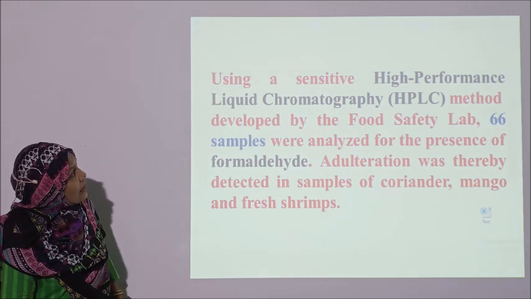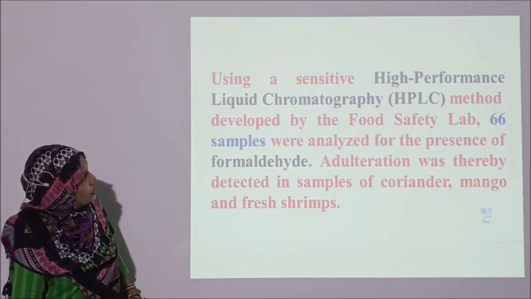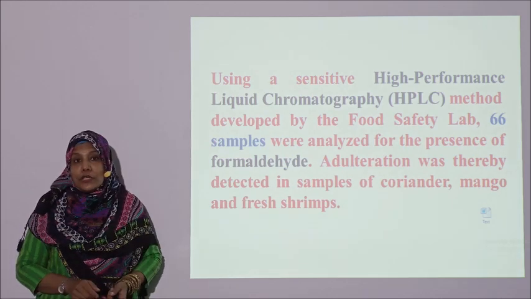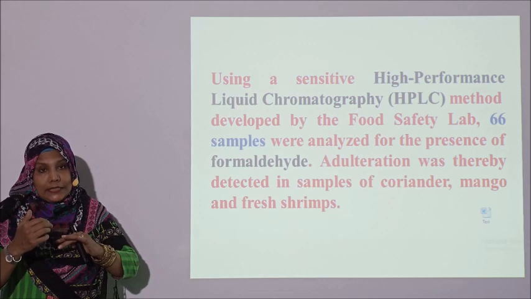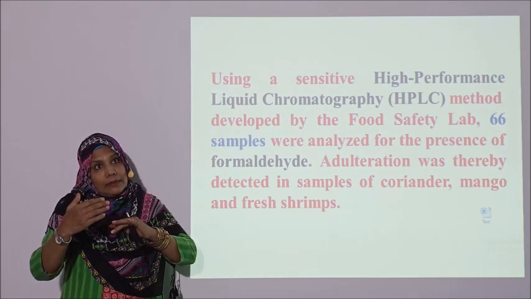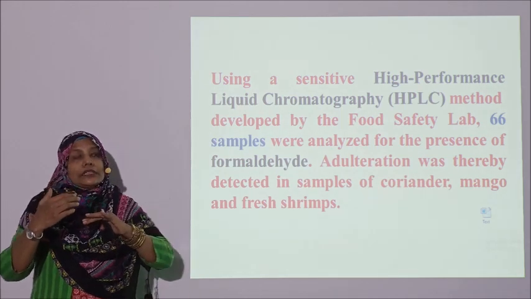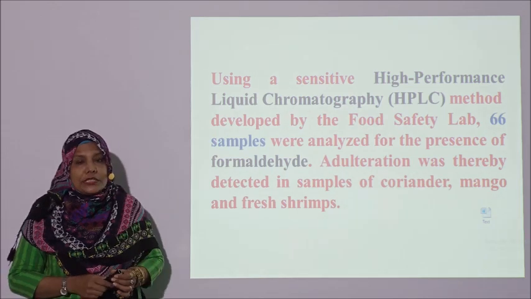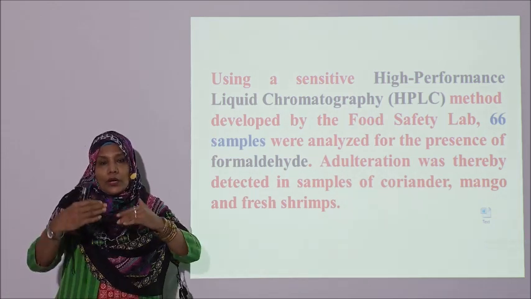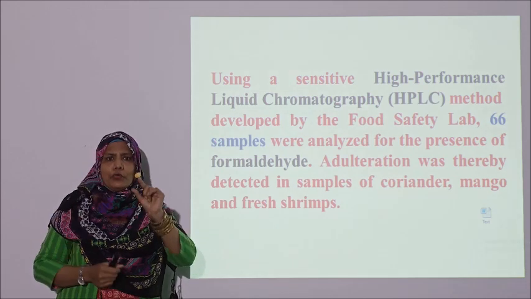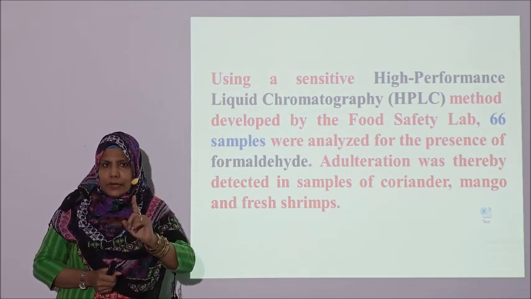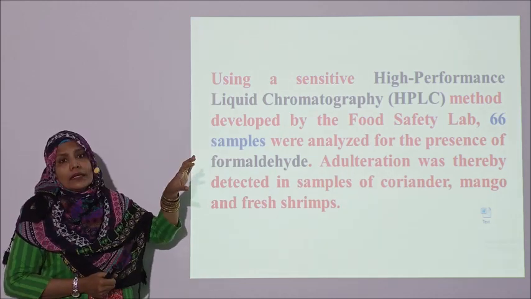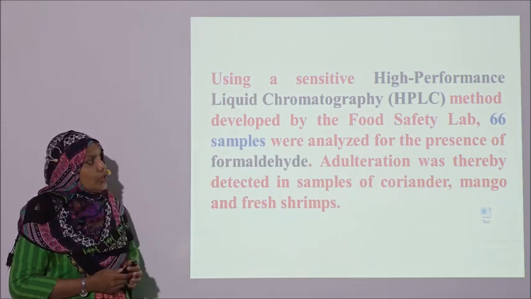Using a sensitive high performance liquid chromatography, that is HPLC, you have to remember these words, like HPLC and World Health Organization, every word, because you will have some brief questions, so you have to know the acronyms and abbreviations of the words.